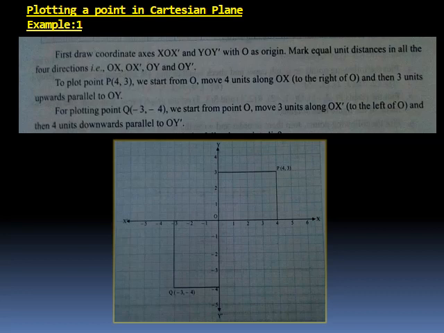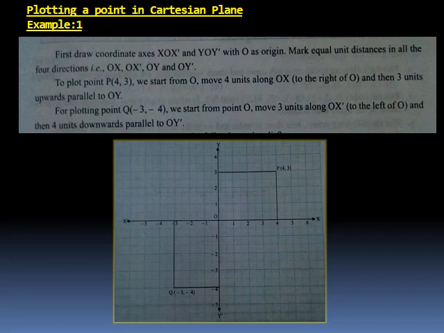First we have to move in the OX direction for 4 units from the origin, then 3 units upwards from the x-axis, which is parallel to OY. We get the point P (4, 3).